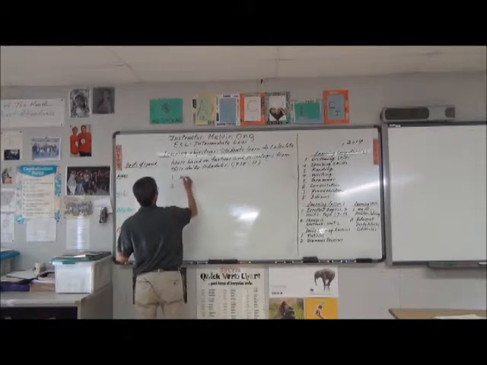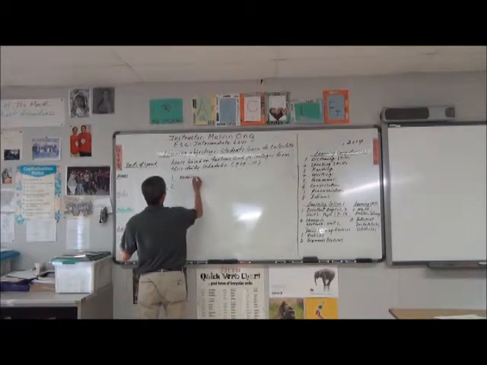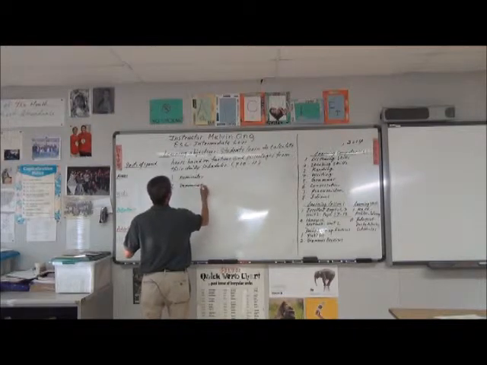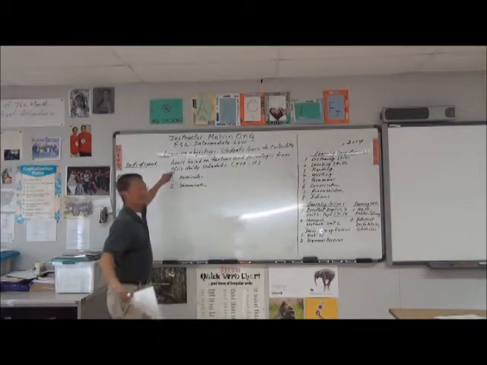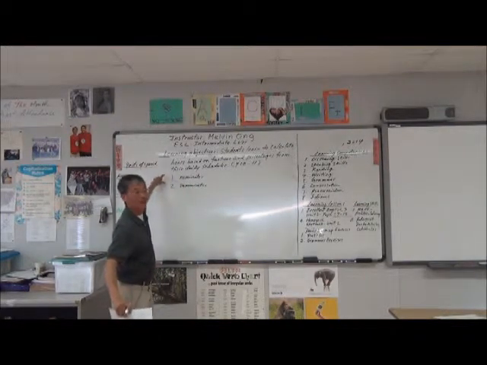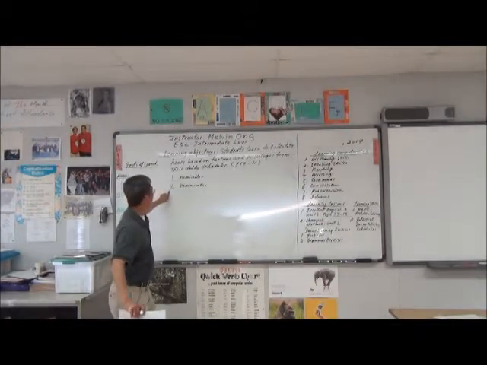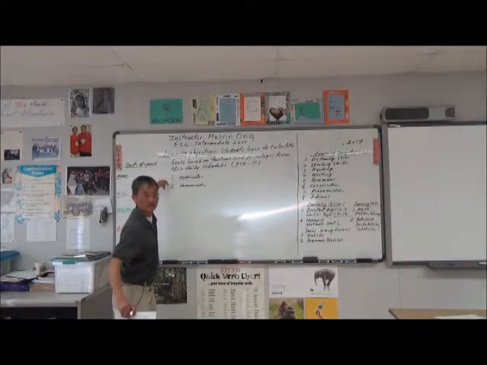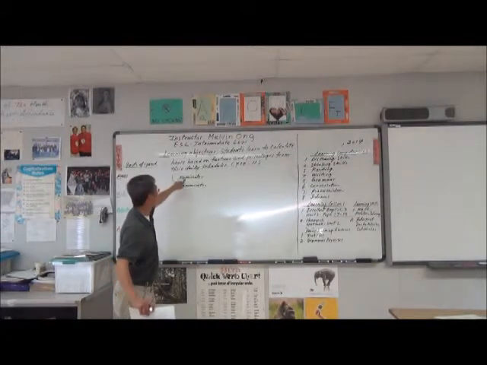So numerator and denominator. This means 1/2, right? There are two of them, but there's only one on the top, so that's why it's 1/2. All right? So this is called fractions.